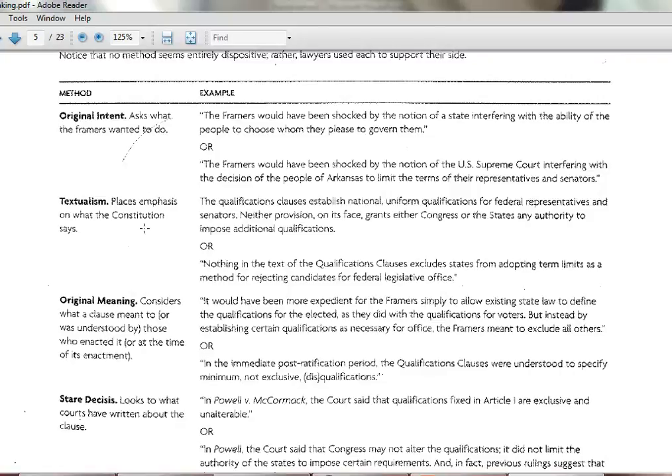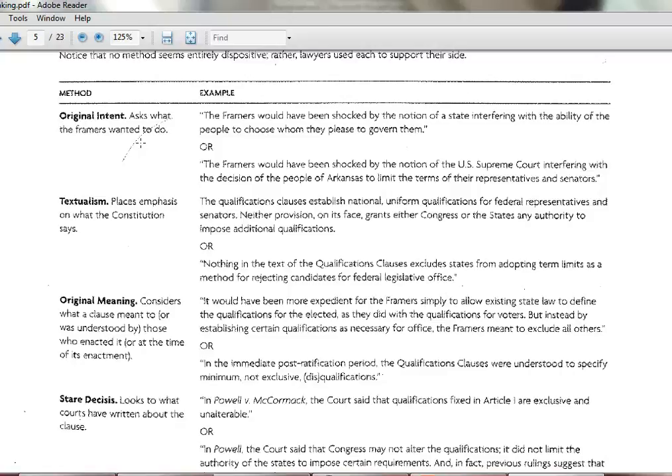Now the way that differs from original intent is that with original intent you're looking at the purpose of that provision, that clause in general. So you're not trying to define what does this word mean necessarily. Instead you're saying, well, what did they mean to do with this clause? What was its purpose?